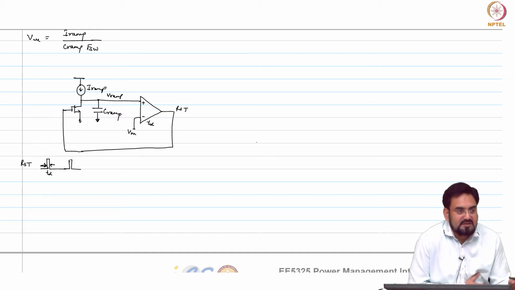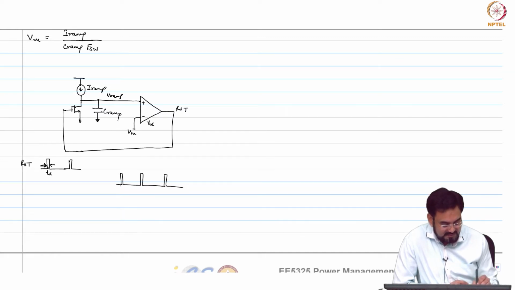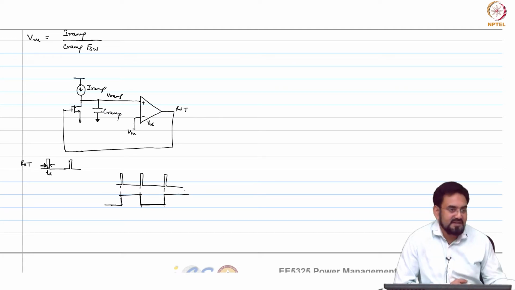Understand or not? So if you have this, and I pass it through a divide by 2 clock divider, it will toggle at every edge.